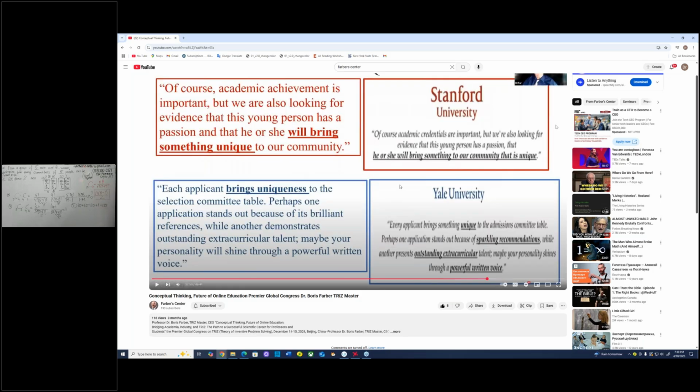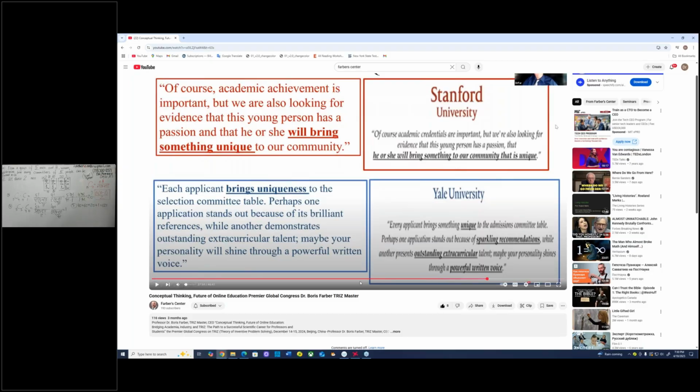This is from Stanford, from Yale, Harvard, etc. It's exactly from their sites, and they look for somebody who will bring something unique, because it helps to develop the level of the college, because our colleges also compete with each other.